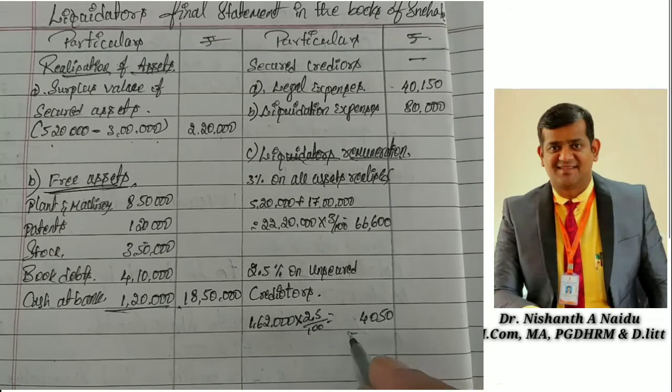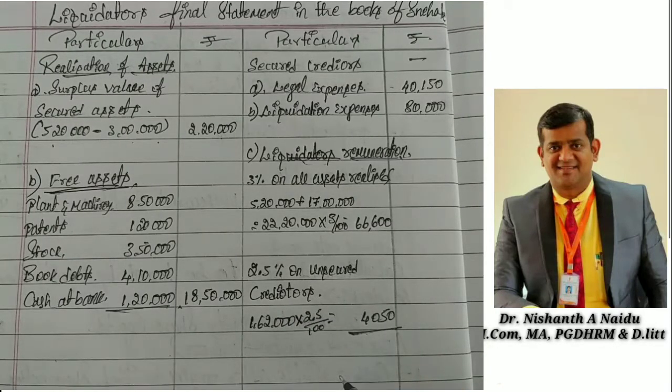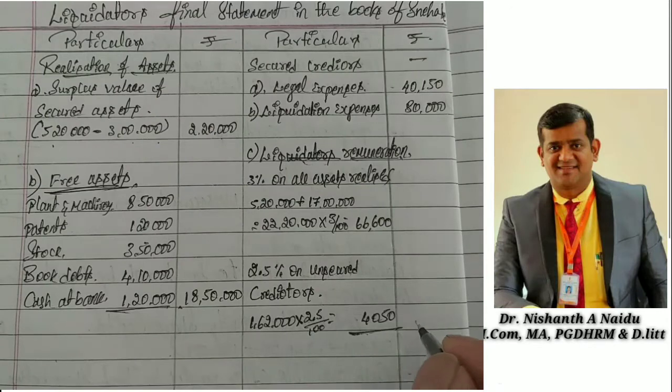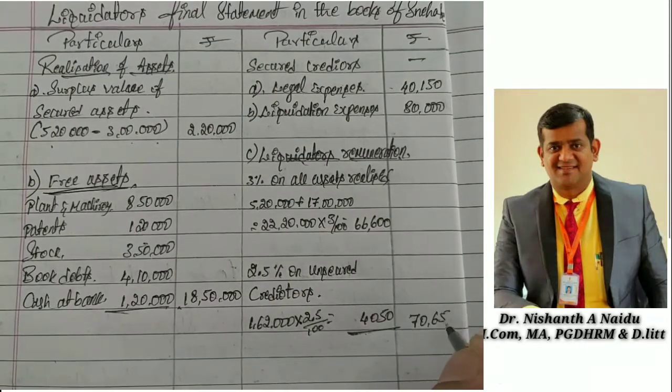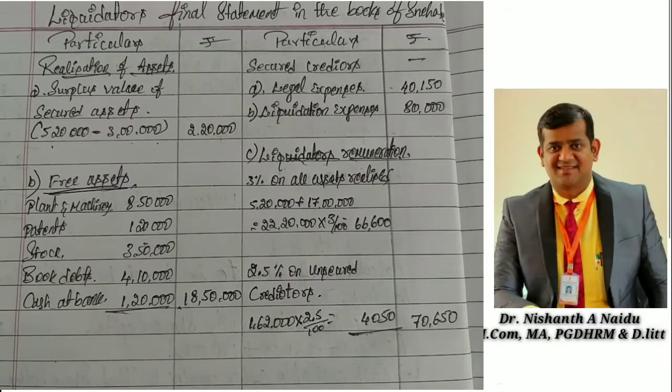You might wonder why preferential creditors are not considered, because in the problem he clearly said a commission of 2.5% on amounts to be distributed among unsecured creditors, and in brackets he said other than preferential creditors. He is very specific, leave the preferential creditors. So add the rest, that comes to 70,650 rupees. So that is done.